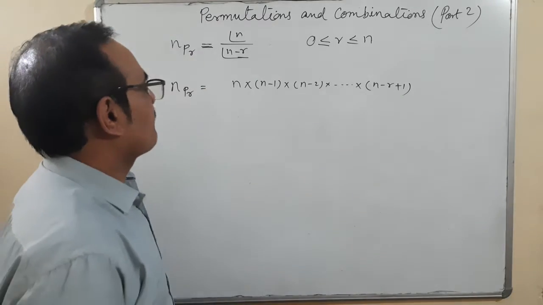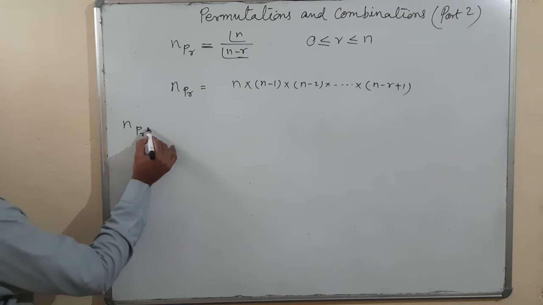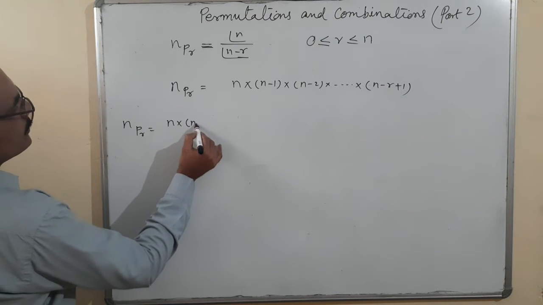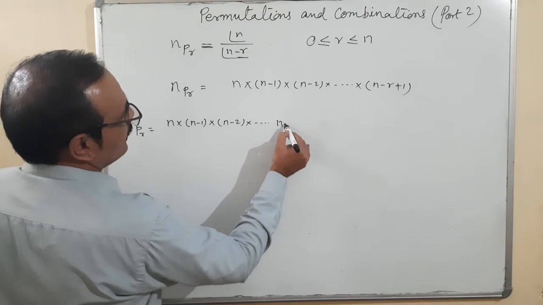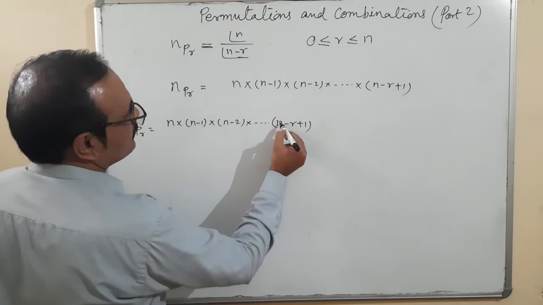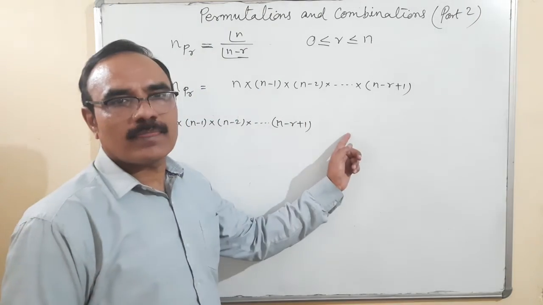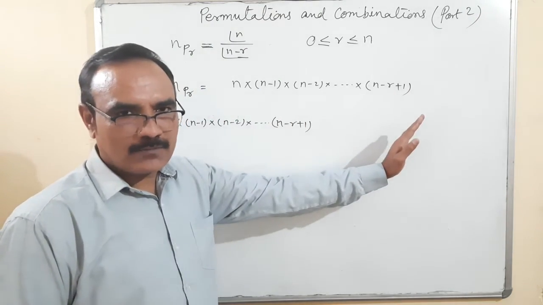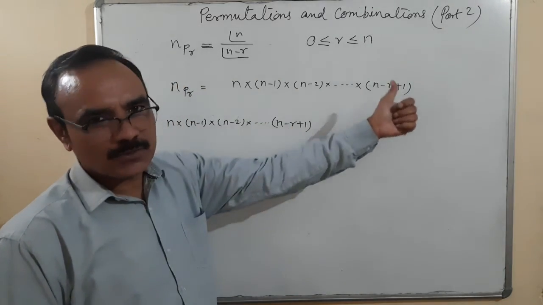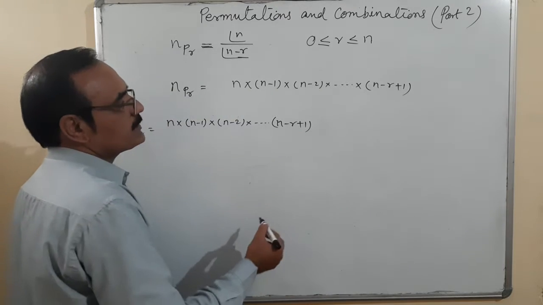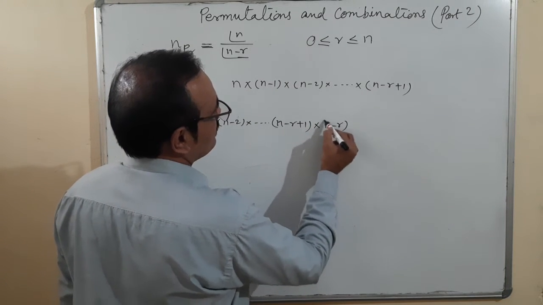Now let us see. nPr is equal to n into n minus 1 into n minus 2, up to n minus r plus 1. Can you tell me what would be the next term of it? It is multiplied by n minus r.